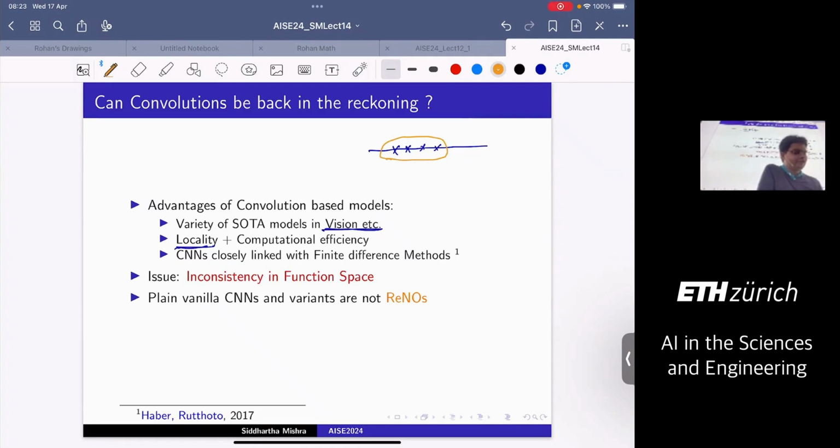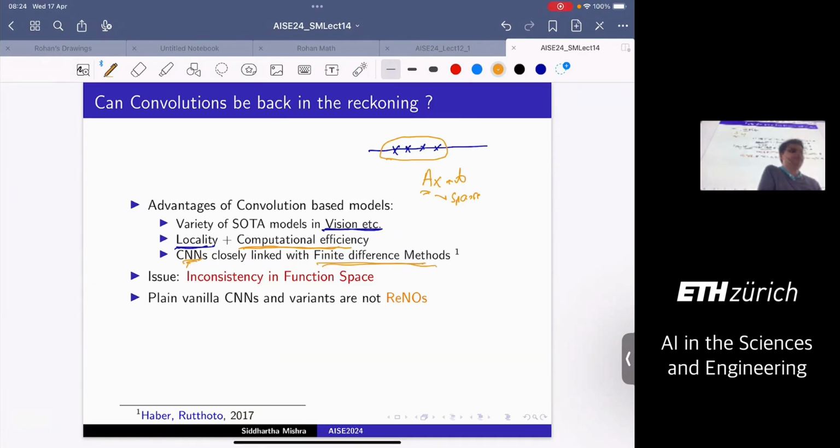And of course, there is computational efficiency in convolutions, because if you think in terms of a matrix vector multiply, then for convolutions this matrix is going to be sparse, right? Extremely sparse, because it has this localization structure. So convolutions are computationally efficient. And also, one can realize that there are some links between convolutions, CNNs, and finite difference methods.